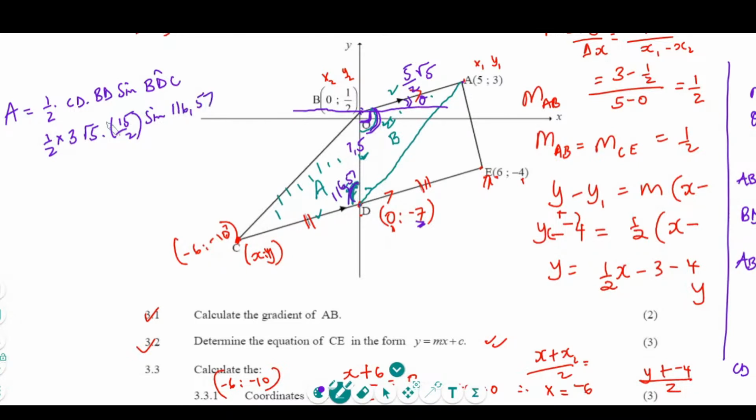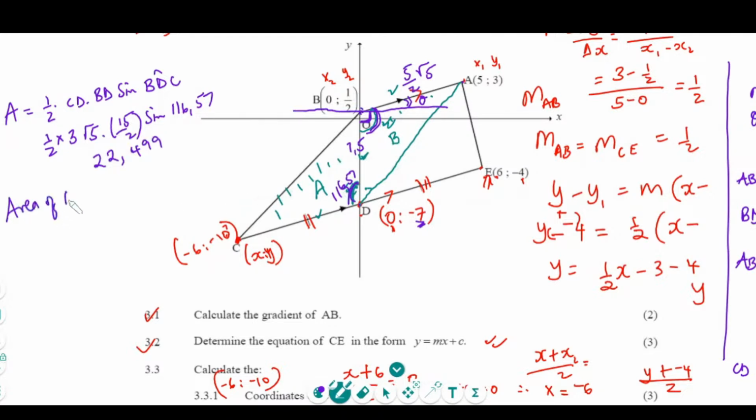So a half times 3√5 times 7,5 times the sine of 116,57. That gives me 22,499.